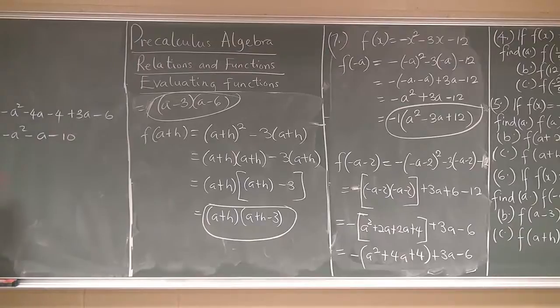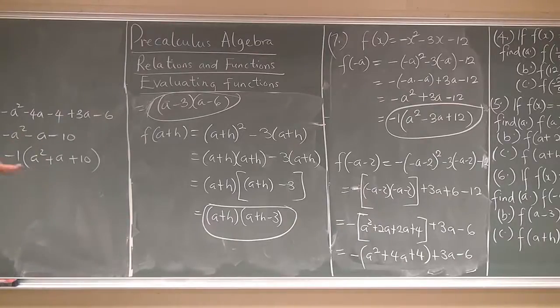Alright. As usual, if you have a little negative, factor out negative 1. This is a squared plus a plus 10. Right? Now 10. 1 and 10 will not work. 2 and 5 will not work.